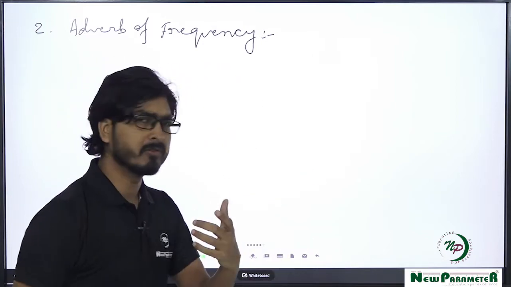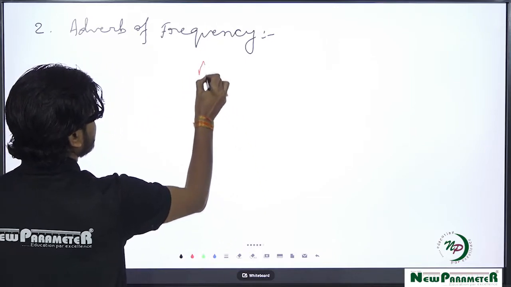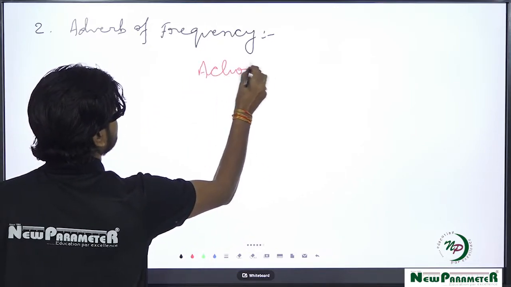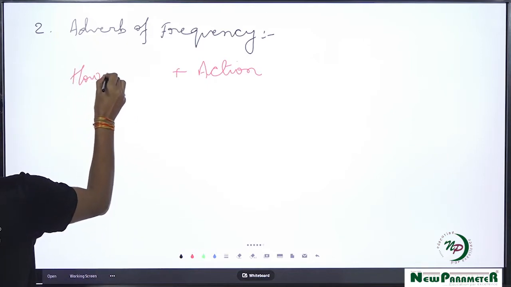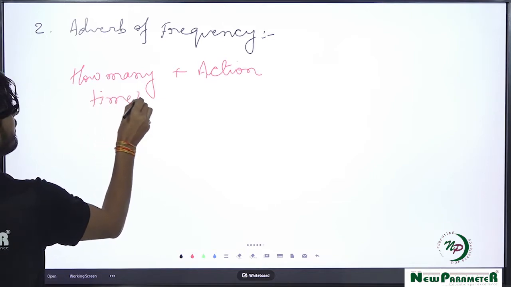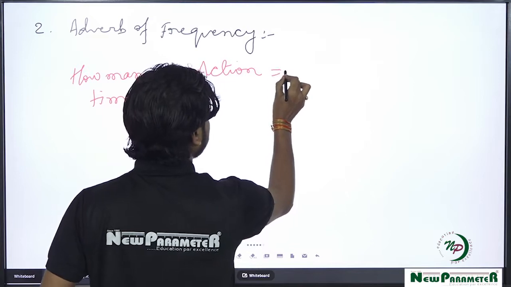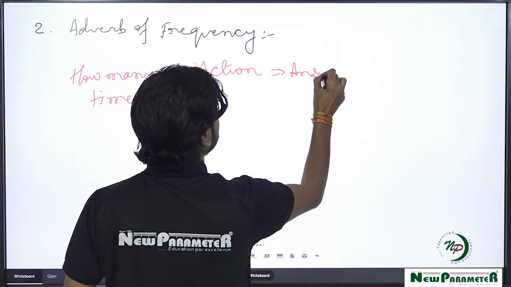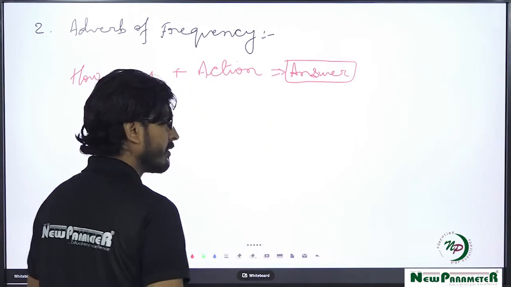So I'm just giving you another short trick. Whenever we ask a question, suppose we have an action and we have just asked how many times. How many times means kitni baar. And whatever answer we get here, it would be what?